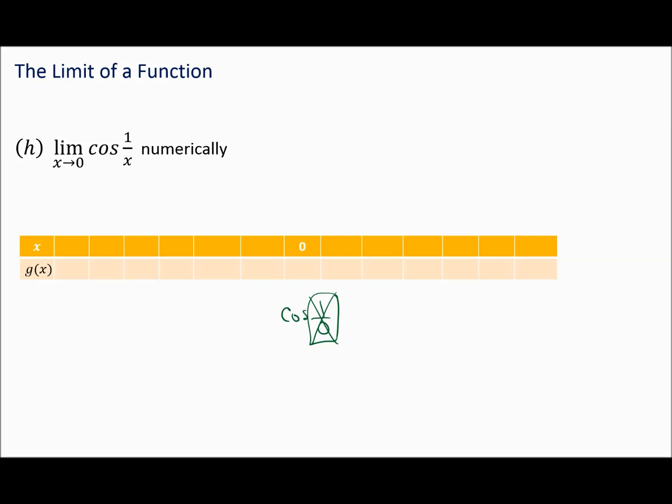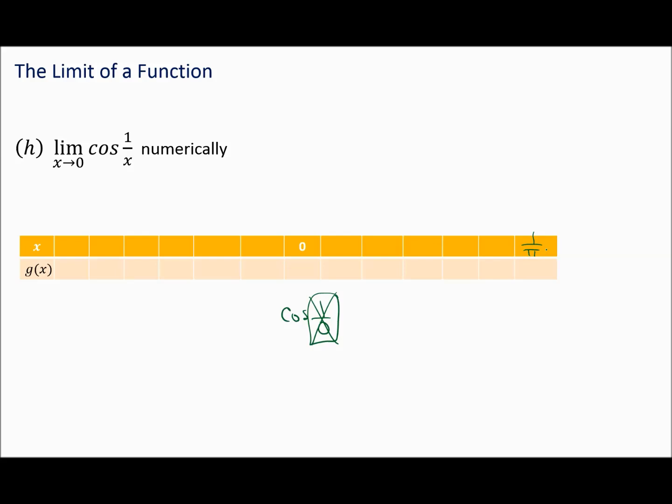Now, one thing we could do, in trigonometry, we're used to thinking about angles in radian mode that we plug into a trig function. So for example, we could plug in something bigger than 0, like 1 over pi.